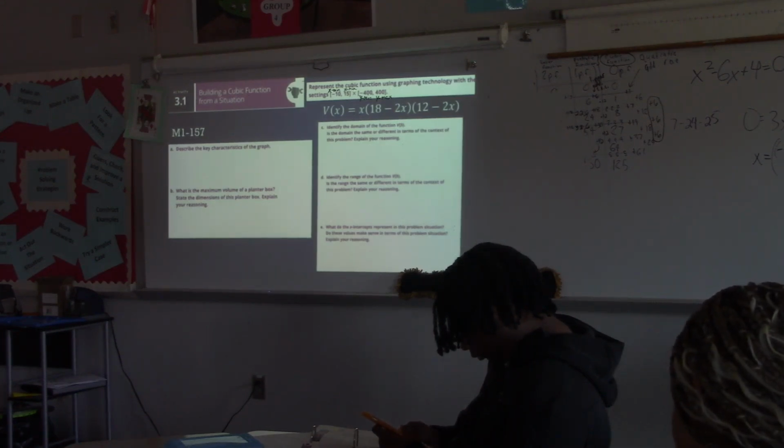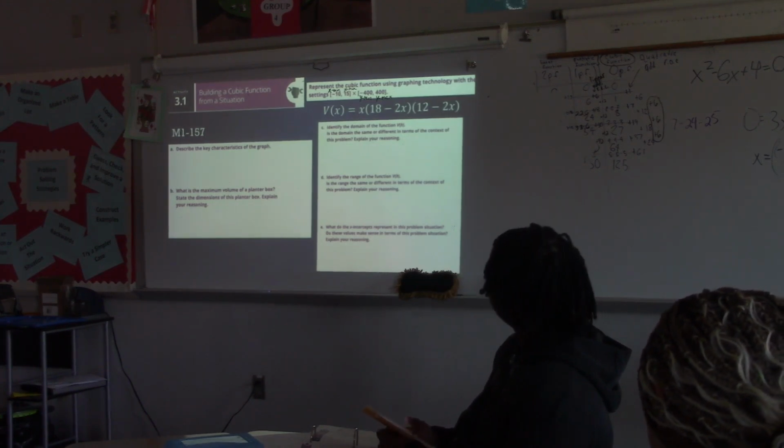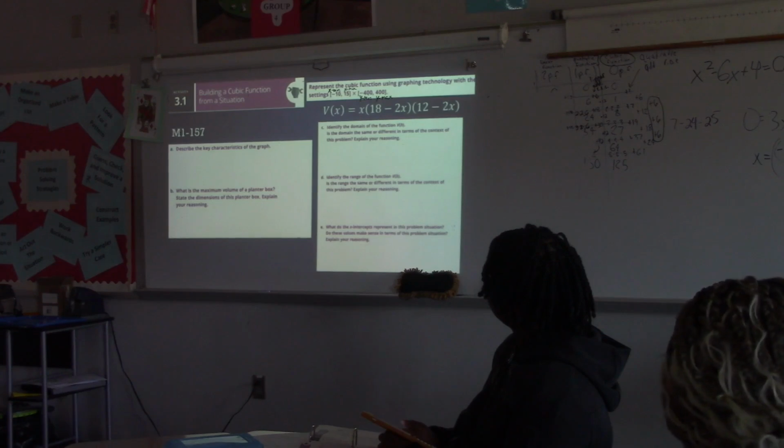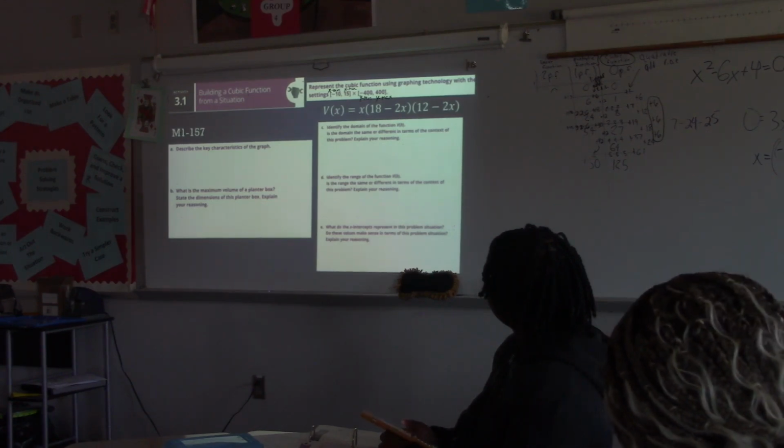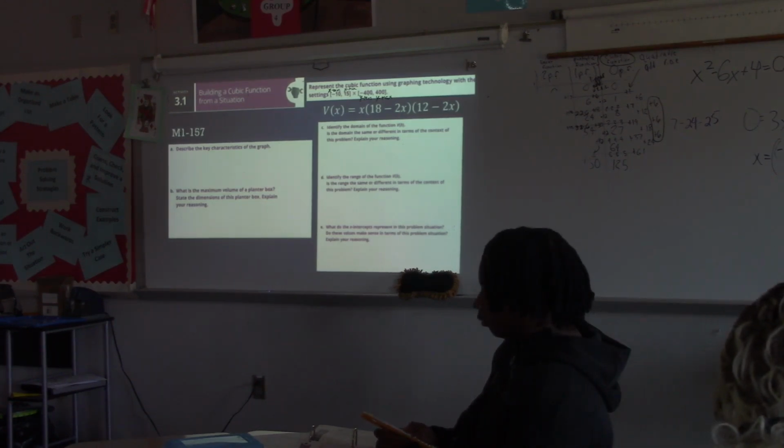Type that equation. By the way, you're going to have to put a multiplication symbol between the x and the parentheses when you type that equation in. I don't know why the calculator doesn't recognize it, but it doesn't.